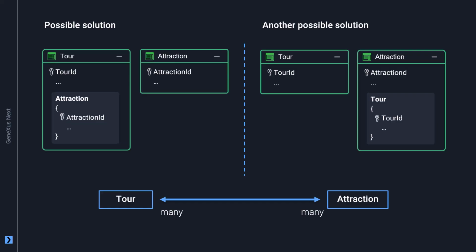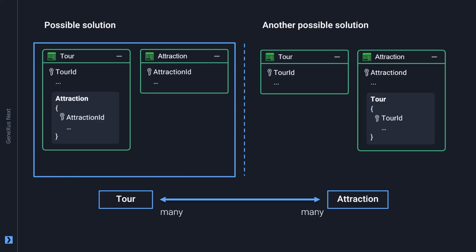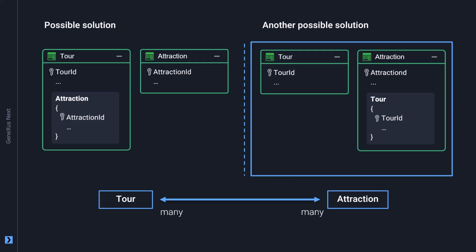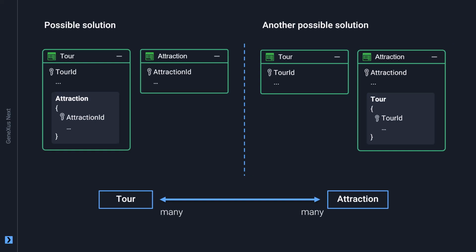In our example, we chose to enter the attractions visited by each tour. However, we could have chosen to enter the tours that include each attraction, or used other models that are not covered here, but which would also result in the creation of 3 tables, one for each entity in the many-to-many relationship, and another that establishes the relationship between the two.